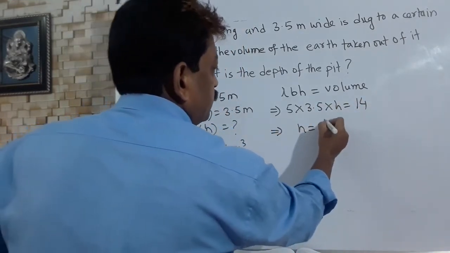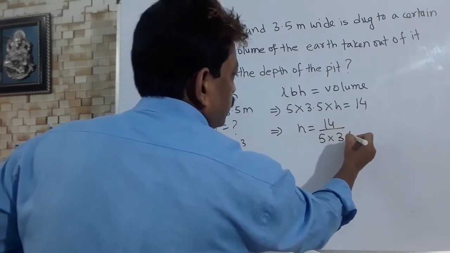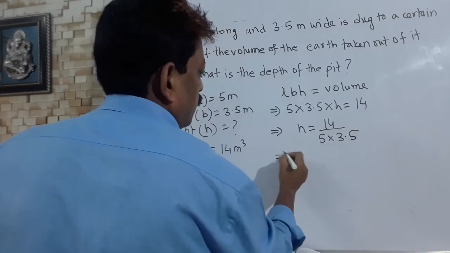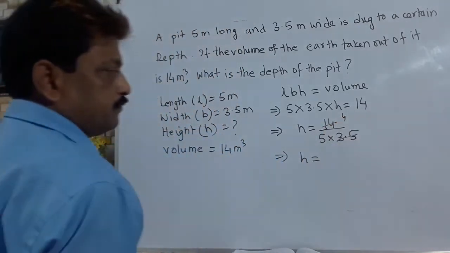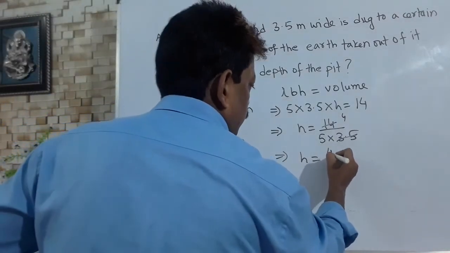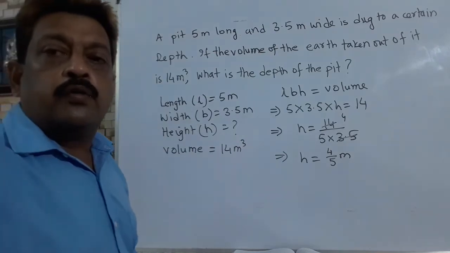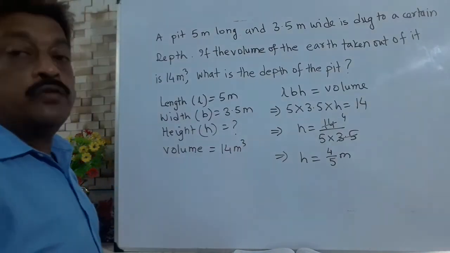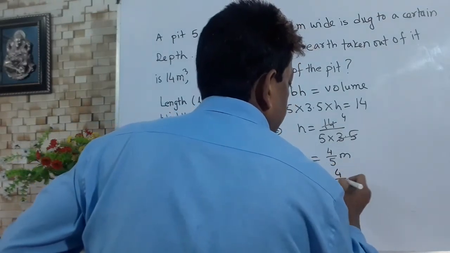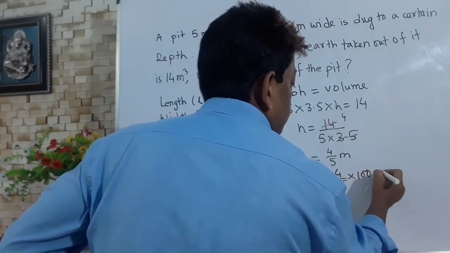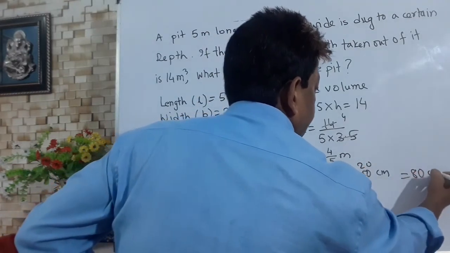So H is equal to 14 divided by 5 into 3.5, or we can cancel these two, so it will be 4 by 5 meter is the answer. Or if you want to change it into centimeter, then it will be 4 by 5 multiplied by 100 centimeter, so it is 80 centimeter is the answer.